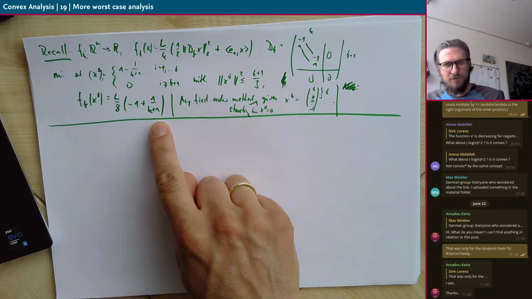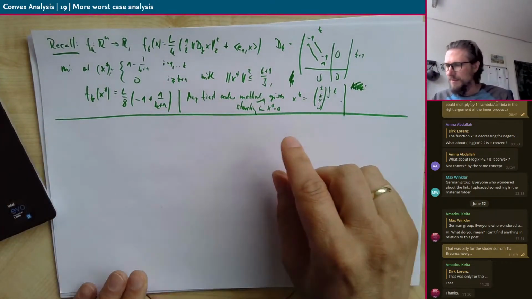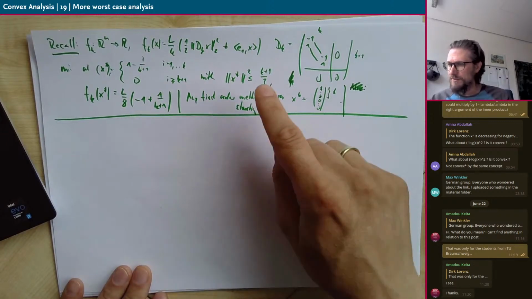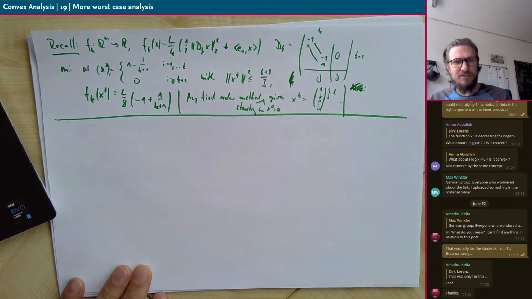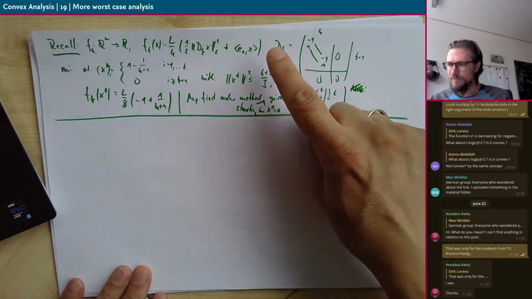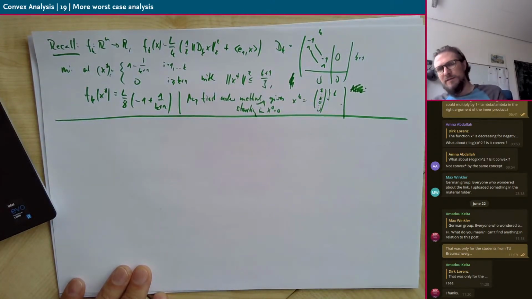And we've also seen, just like in the convex and non-smooth example, that if you apply any first order method to this function and start at 0, then at each iteration you can only fill up the next non-zero entry. In the first iteration, because of this term here, you fill up the first entry with something, and then in the next iteration maybe the next, and maybe the next, but nothing more.